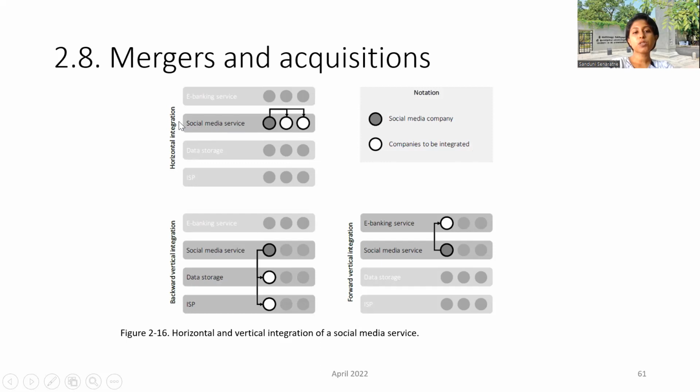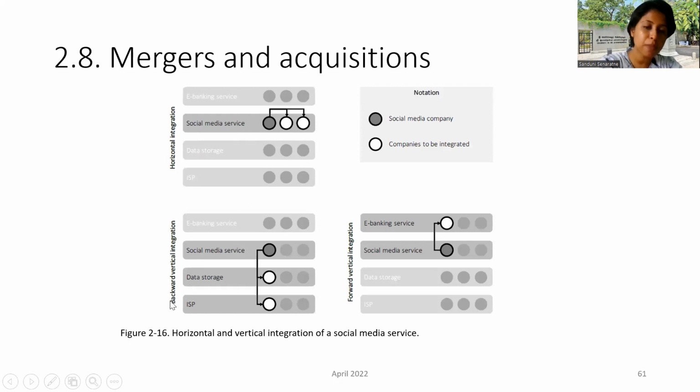So the social media service, when it comes to horizontal integration, what did we say? It integrates with other companies that are in the same market segment, right? Same market segment. For example, for the social media service here, you can see in the same market segment, acquisitions are being made, mergers are being made.